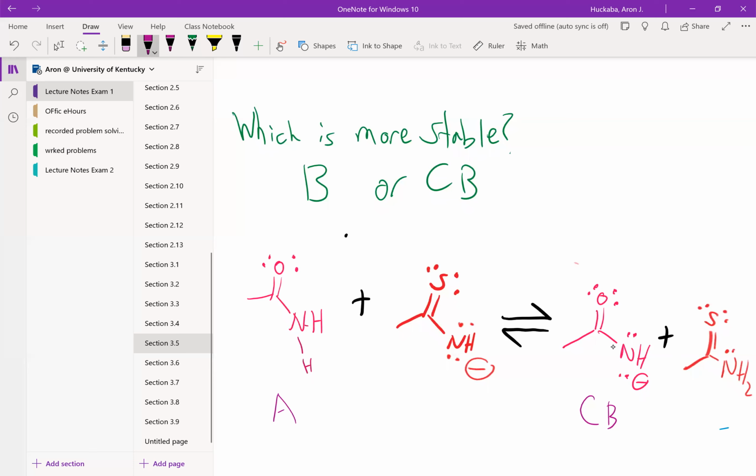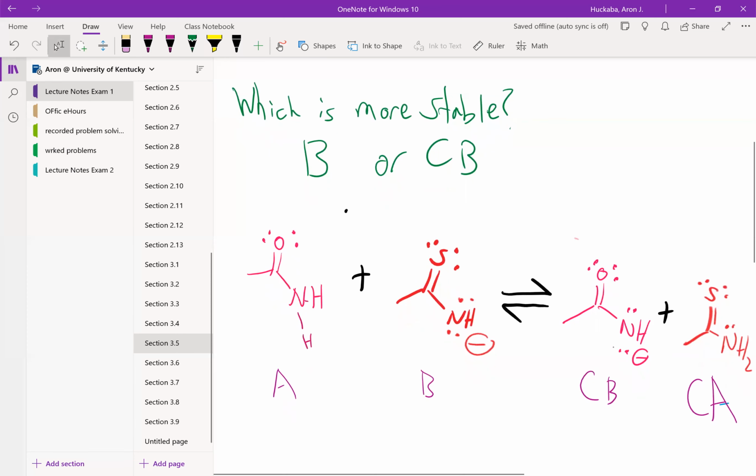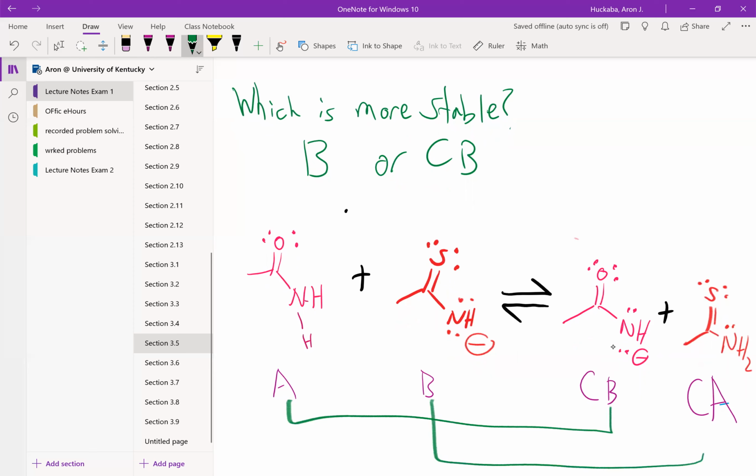And then the sulfur one looks like the base because in the products, it looks like it has gained a proton. Remember, acids lose a proton and bases gain a proton. All right, so they kind of go together like this. Great. So now the question is, which of the two bases, the base and conjugate base, is the most stable?